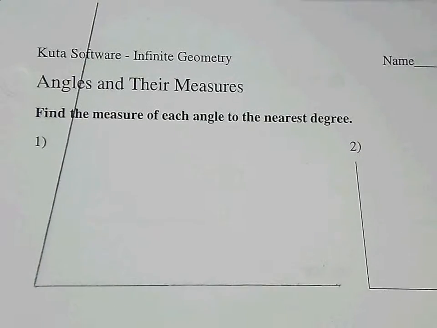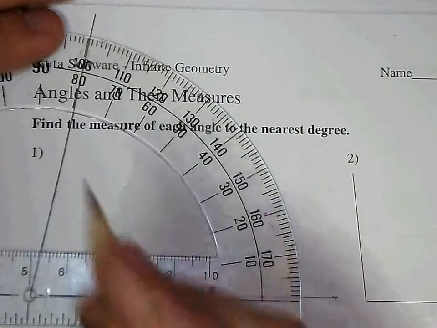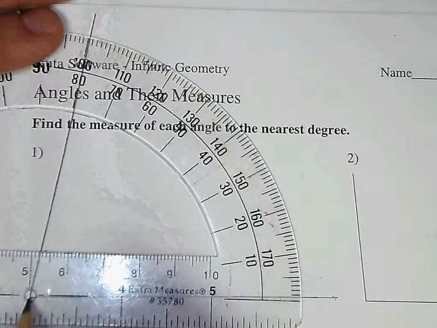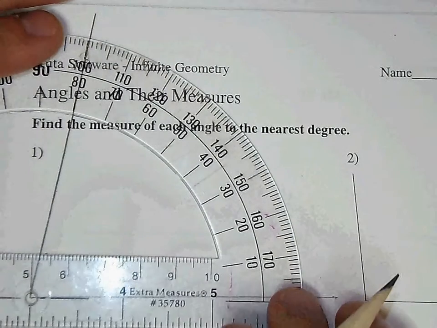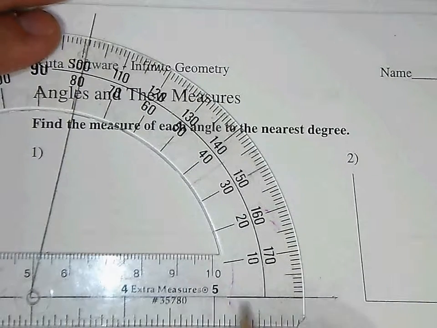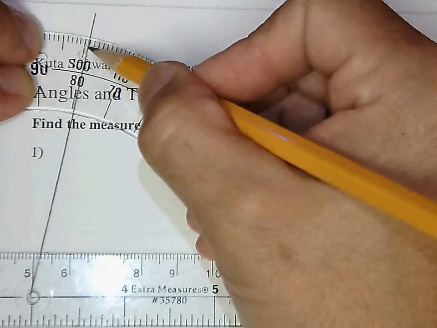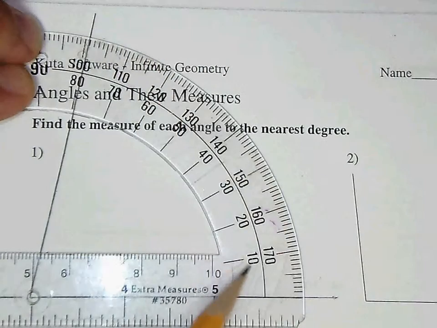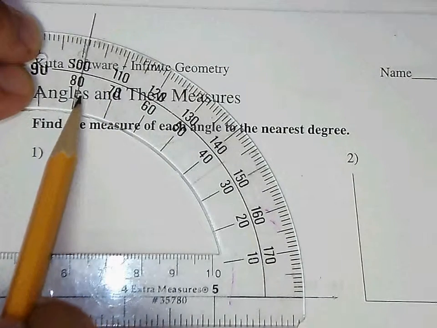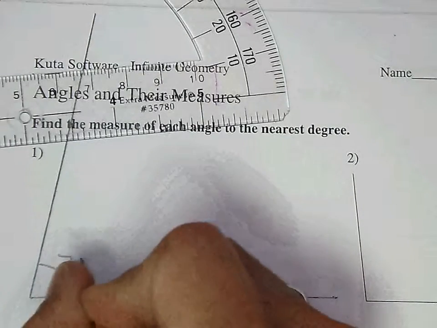And what that allows us to do is a couple things. One, make sure that vertex is in the very center of your circle. One, it allows us to line up this bottom part of the angle with our protractor. And then two, it allows us to measure the angle up top here. And so 10, 20, 30, 40, 50, 60, 70. This looks like it's at 79 degrees. So I would call this angle 79 degrees.